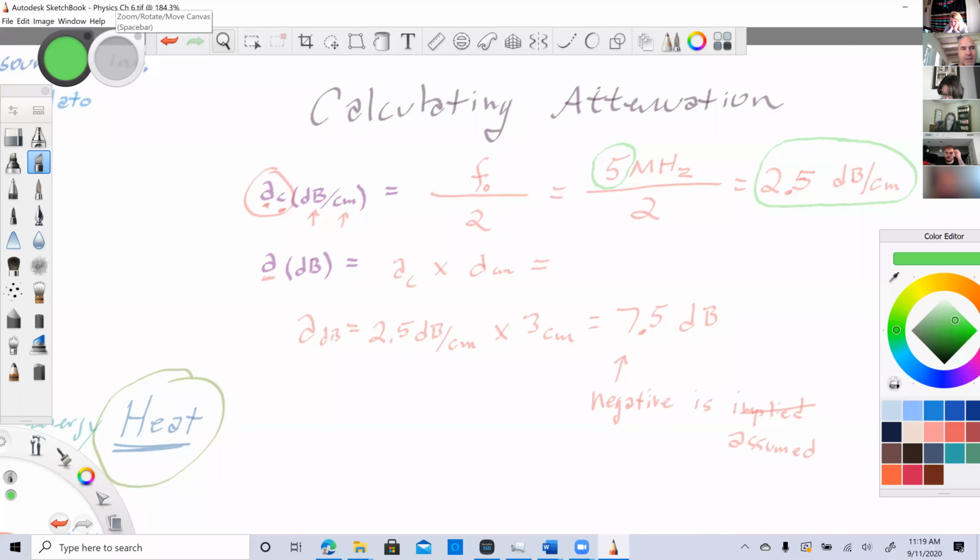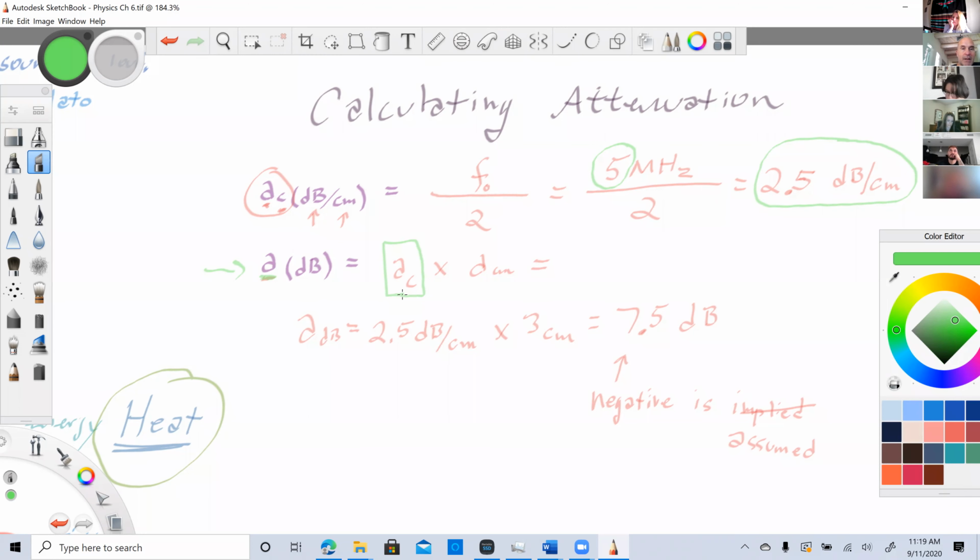So once again, you cannot find attenuation without either being given or first finding the attenuation coefficient. So if a question's starting here with what's the attenuation, well then the first thing you need to do is figure out what the attenuation coefficient is. Maybe they give it to you, maybe they don't. They might say, what is the attenuation of a 5 megahertz transducer at 3 centimeters.